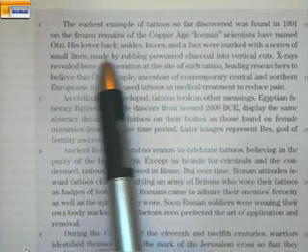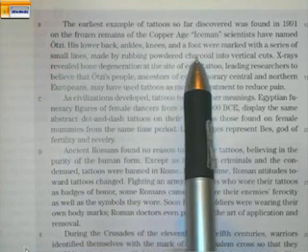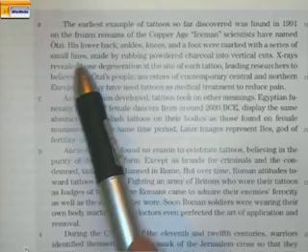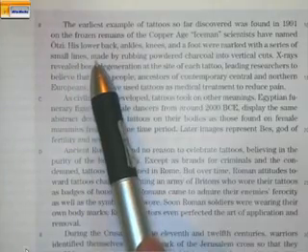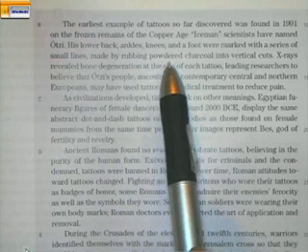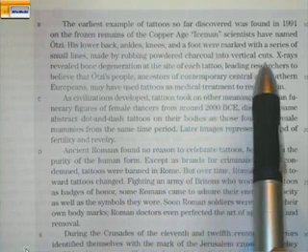His lower back, ankles, knees, and a foot were marked with a series of small lines made by rubbing powdered charcoal into vertical cuts.